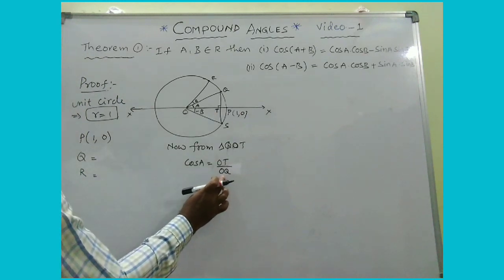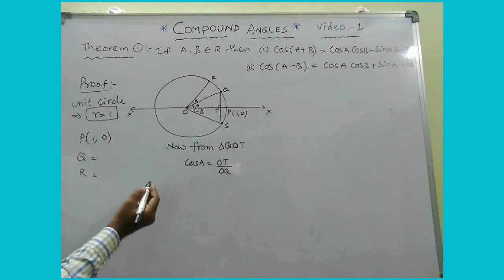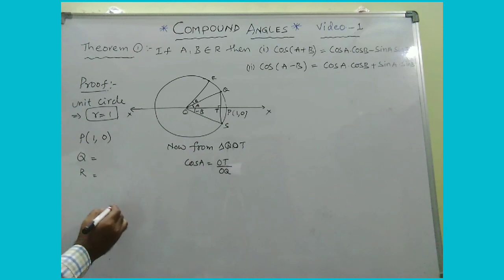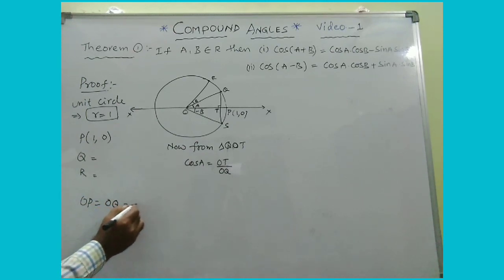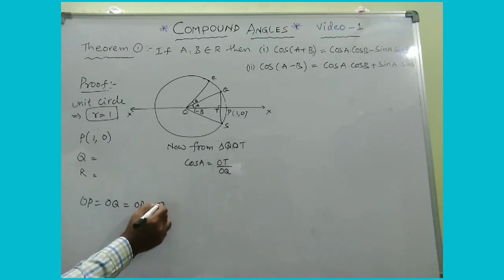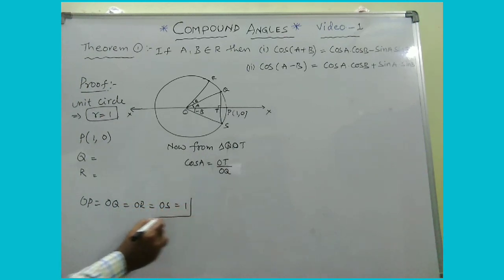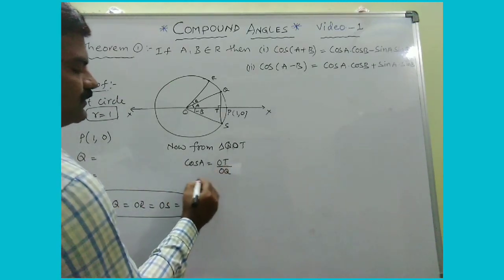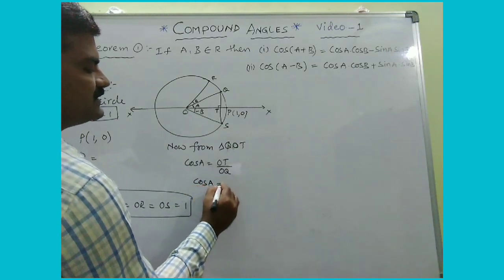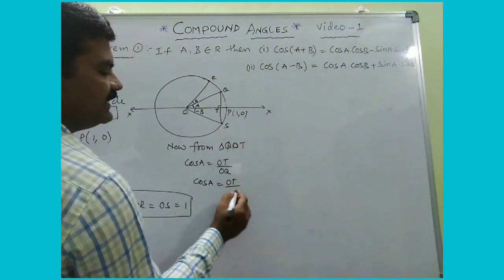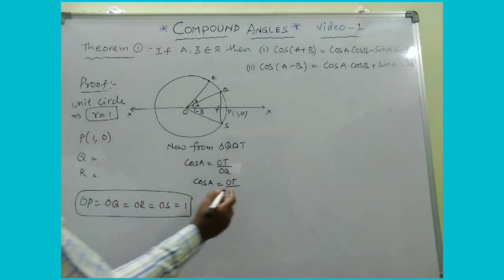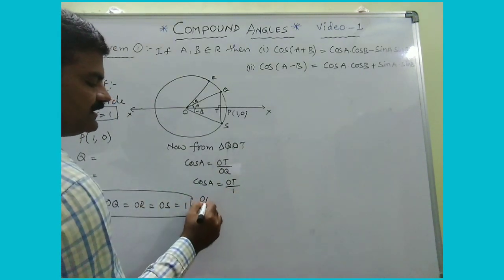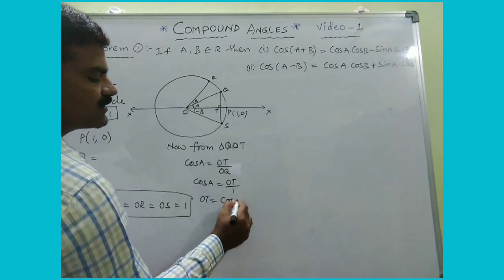What is OQ? Since OP equals OQ equals OR and moreover OS, all these are radii, they are all equal to 1 unit because it is a unit circle. Right. Now cos A equals OT by OQ, which is OT by 1, so OT equals cos A.